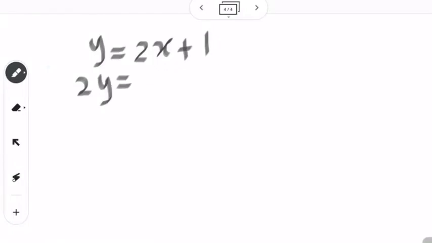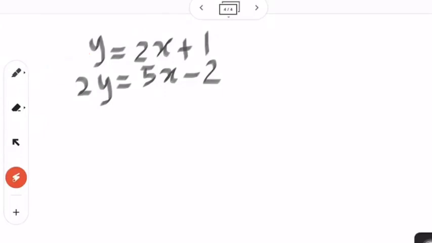Teacher, ni elimination method? Yes, elimination method. Okay, thank you teacher. Okay. Macam mana kita nak eliminate ni? First equation, we have y equals to 2x plus 1.